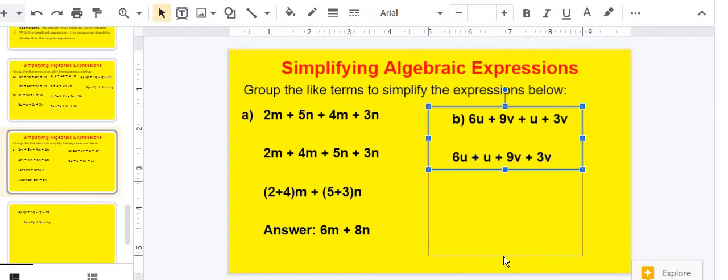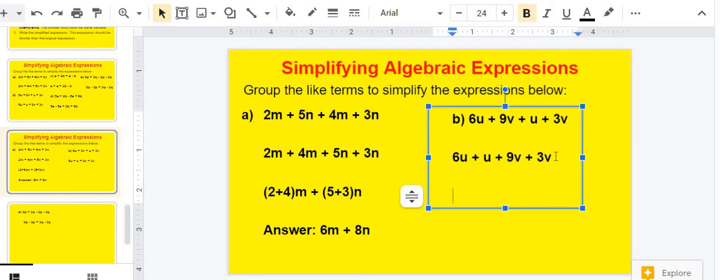Now we're going to be doing the same thing for question B. We have already done step 1. We're going to move on to step 2, which is to combine the like terms. So 6u plus u. Remember, I said earlier that whenever there is no coefficient in front of a variable, you can put a coefficient of 1. So I'm going to write 6 plus 1.